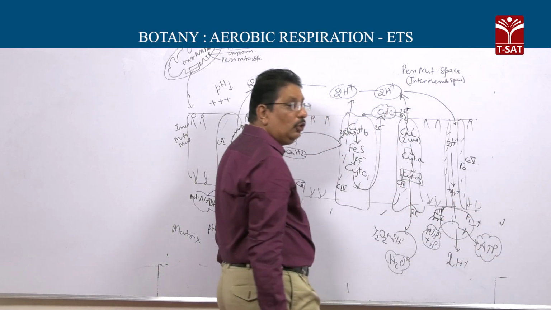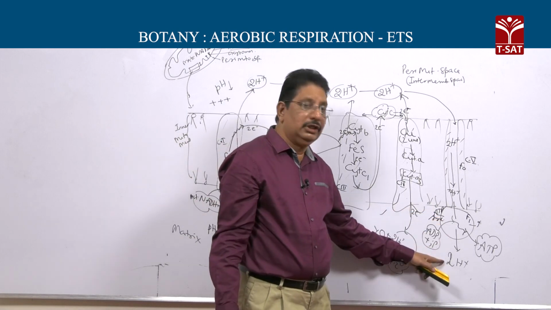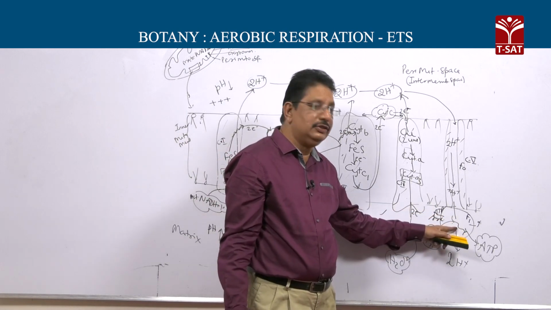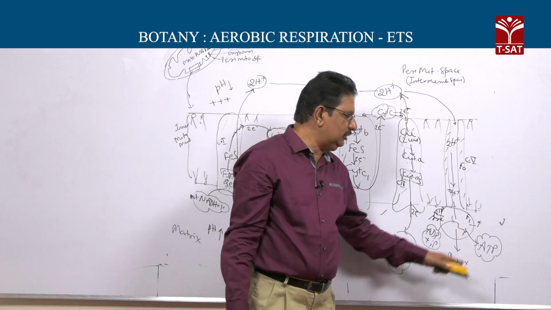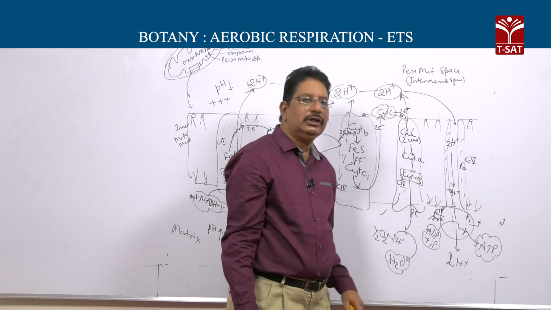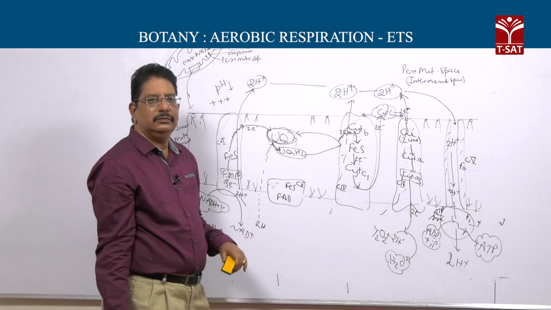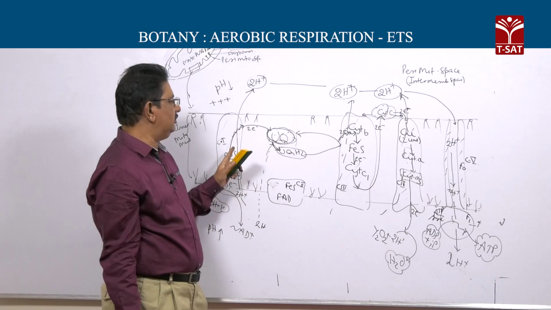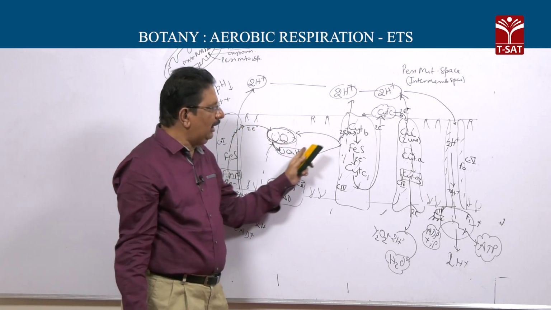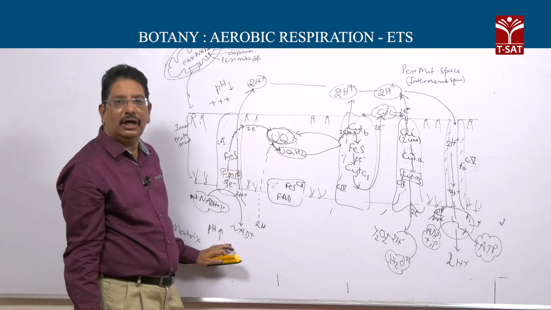So proton energy is utilized, not protons. So proton energy is utilized for synthesis of ATP. So this proton translocation occurs because of the gradient, and the proton gradient is established because of electron transfer, and electron transfer occurs during oxidation.